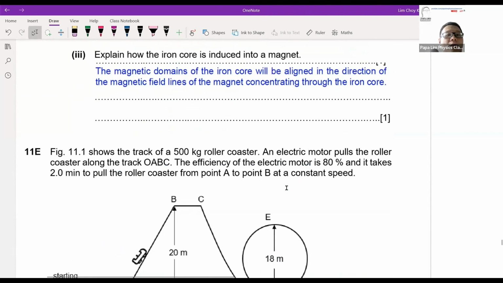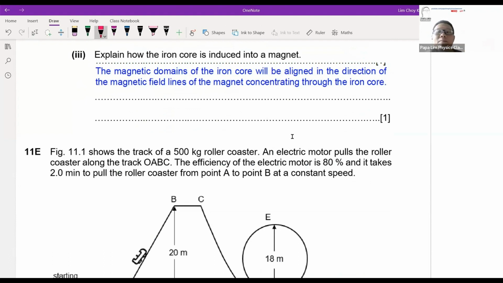Now, explain how the iron core is induced in the magnet. This question is similar to how magnetism is induced in magnetic material. The important thing is to talk about the alignment of magnetic domains.